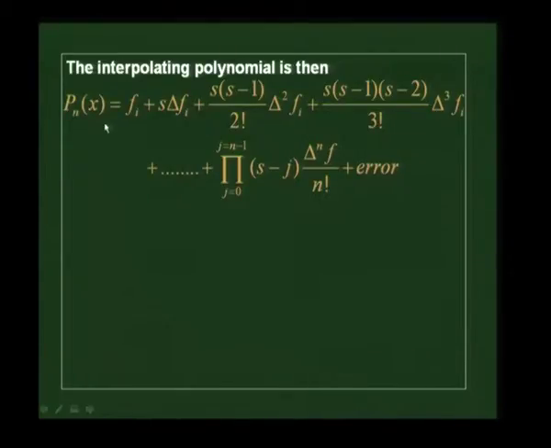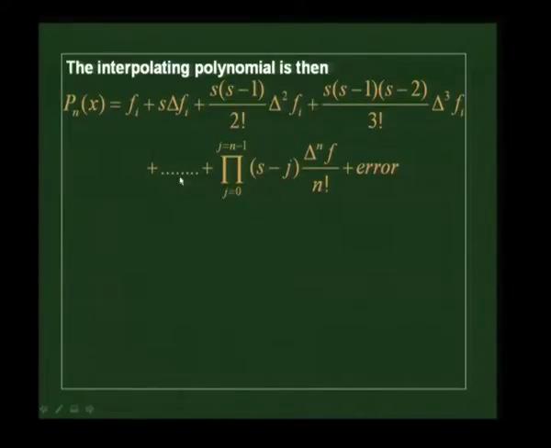For an nth order polynomial where we enter at i in the difference table, we have fi plus s into del fi plus s into s minus 1 by 2 factorial del 2 fi and s into s minus 1 into s minus 2 by 3 factorial del 3 fi, etc. So that's the advantage.